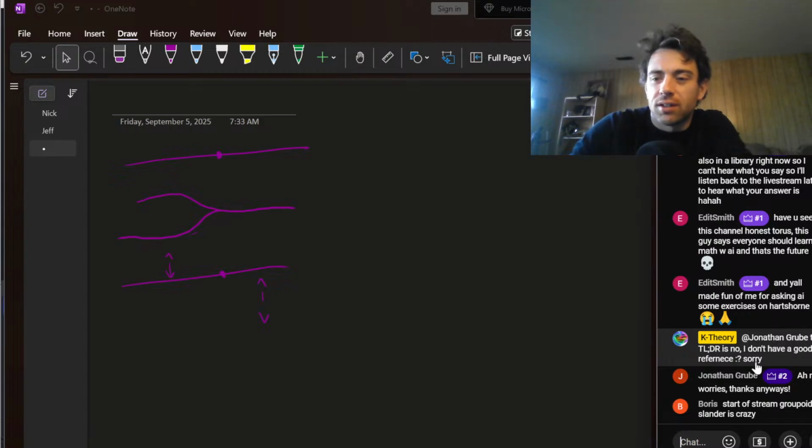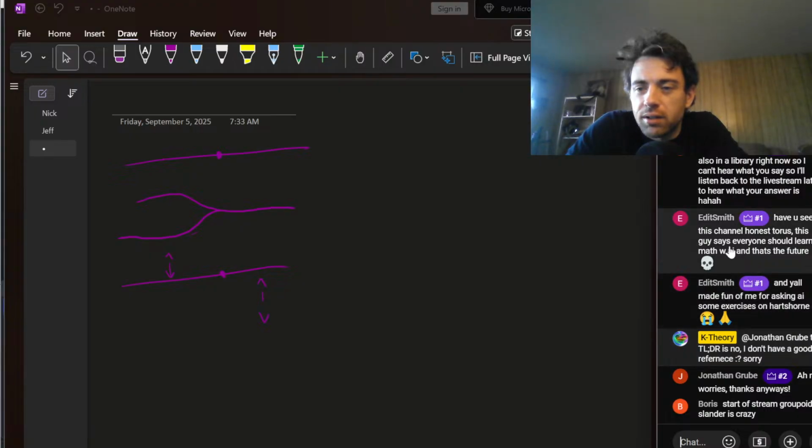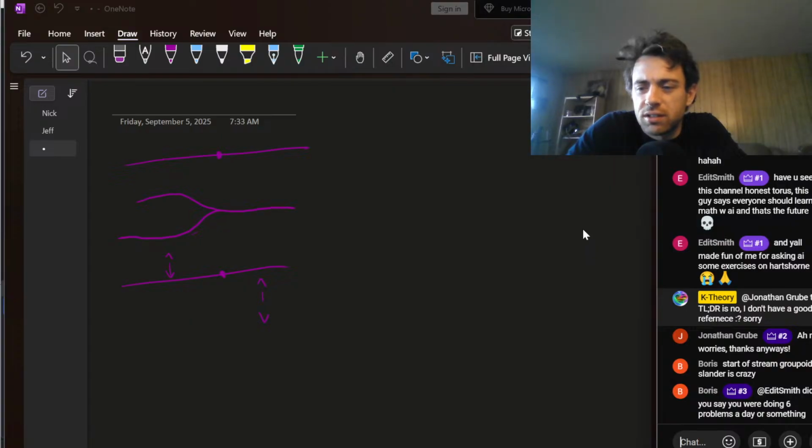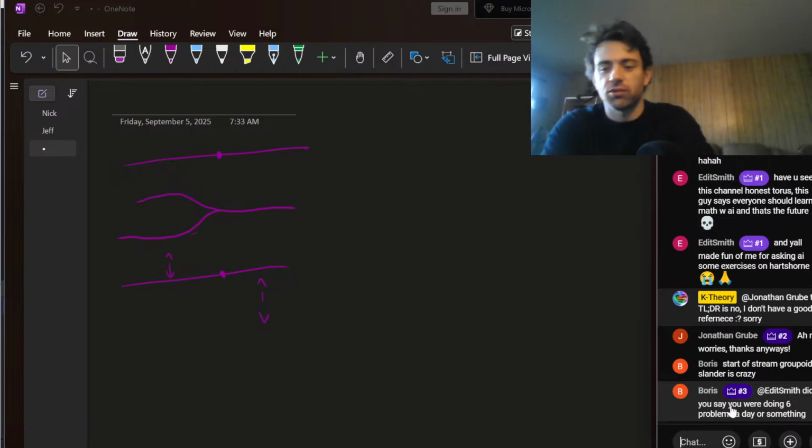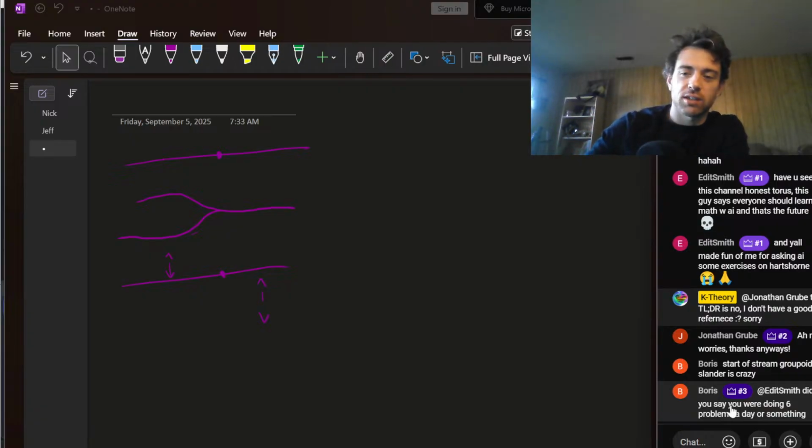But is that what Honest Taurus is saying? I don't think that's what Honest Taurus is saying. I could be wrong, but that's maybe a little simplified. Oh yes, yeah. That's what people were going after you for, Edit Smith, was you saying you were trying to do 6 problems a day. I think that's what people were reacting to, not using AI.